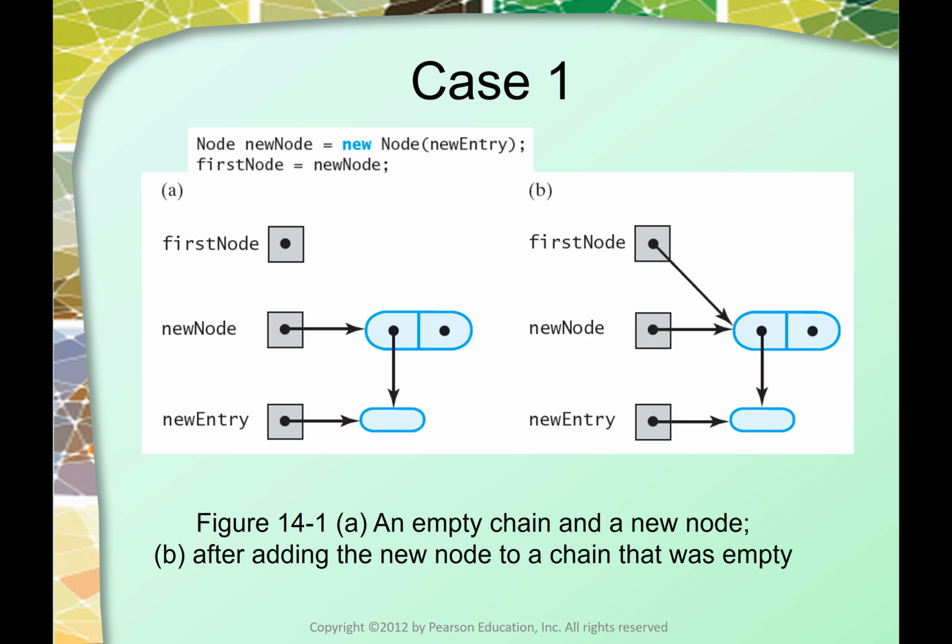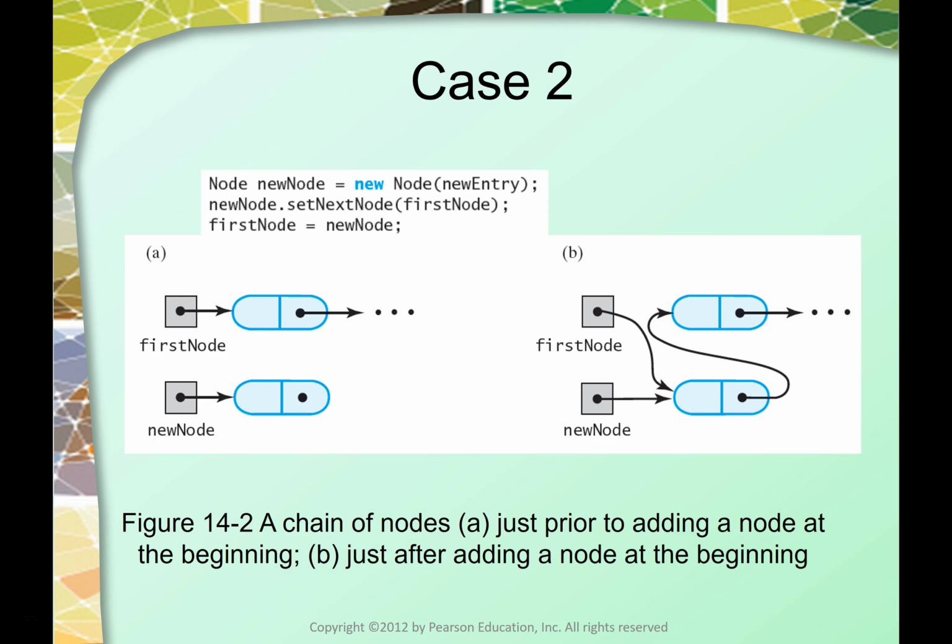So going through those cases, again, this is stuff we did already for the bag class. This is where you create the new node, and let the first node equal the new node. This was an empty list, and now we've got first node pointing to that. In the second case, we already did this as well. It's easy to add stuff at the beginning. You just make a new node, set the next node of that. Oh, and by the way, they're using this set next node method.